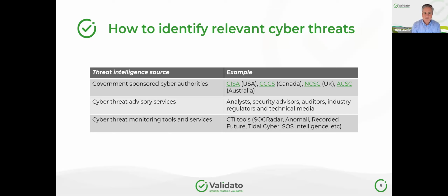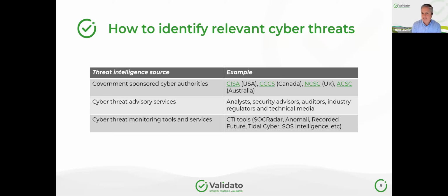But first and foremost, government agencies, particularly CISA in the United States, the Canadian Centre for Cybersecurity, the UK National Cyber Security Centre, and the equivalent organisation in Australia, as well as many other national CERTs and cyber defence agencies, on a fairly frequent basis publish cyber threat advisories on high priority threats that either affect or target the geographic area where the advisory is published from, or it may be a general advisory.